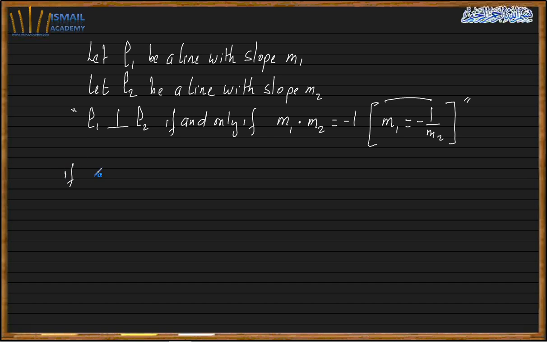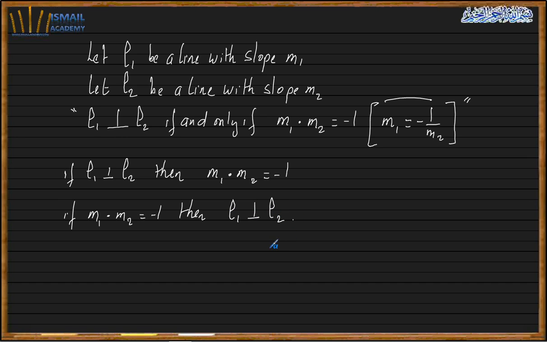If L1 is perpendicular to L2, then we can conclude right away that the product of the slopes is equal to -1. And if the product of the slopes is equal to -1, then we can conclude that the two lines are perpendicular.